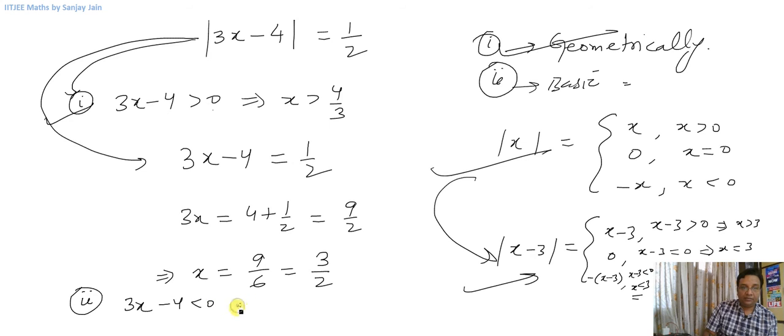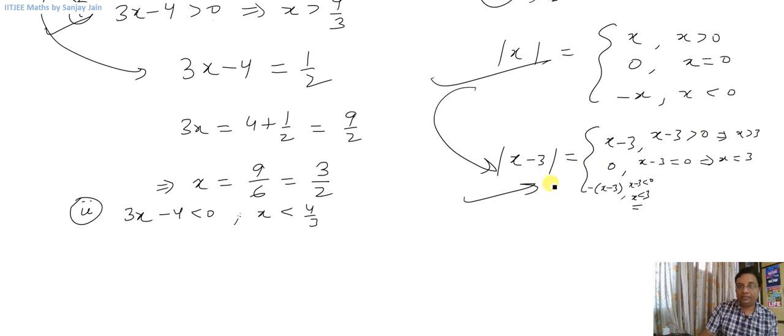It means when x is less than 4 by 3, then I can open this bracket in this way, negative of what is written inside it. So it will be negative of 3x minus 4 equals 1 by 2, right?